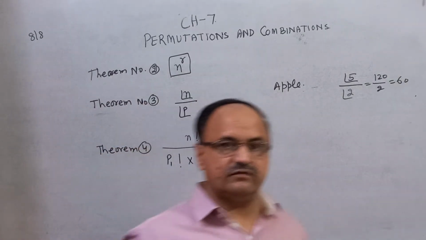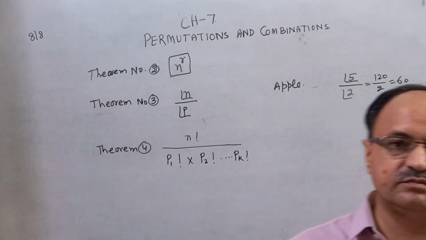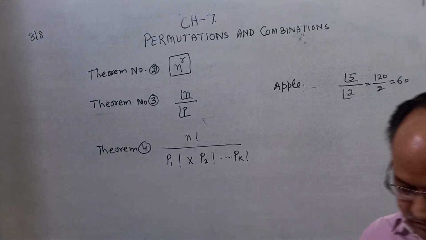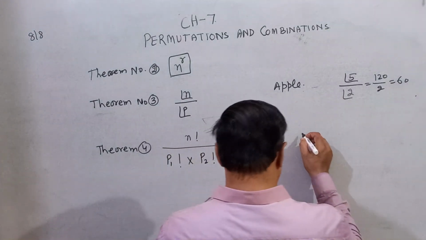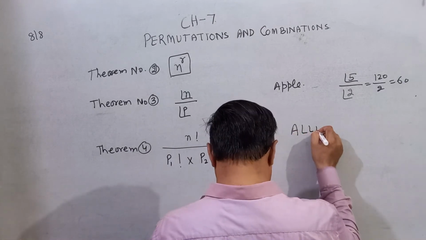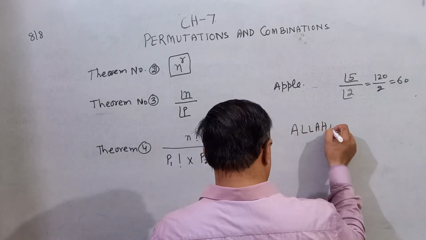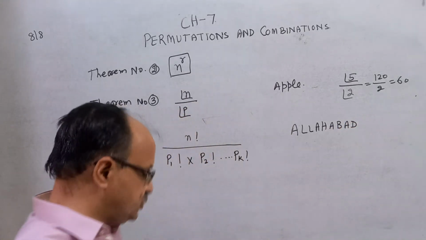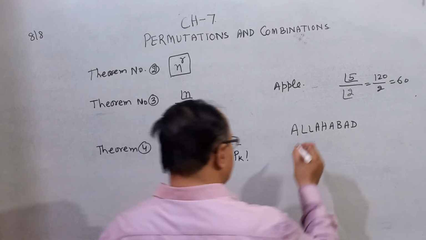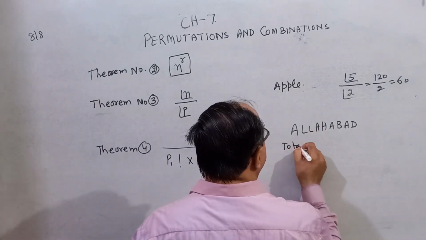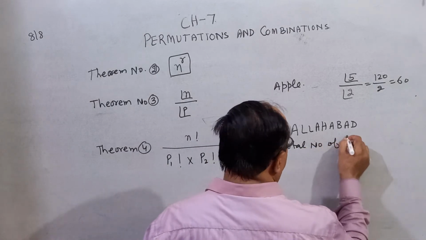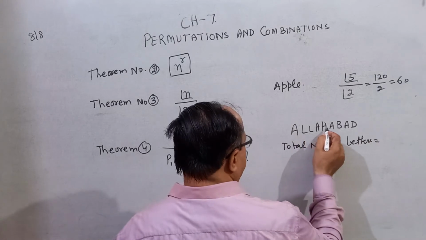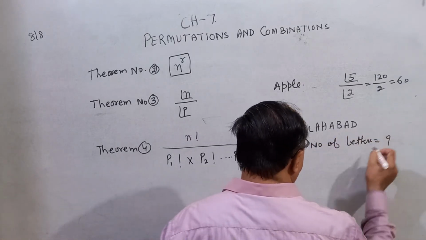You know that in a question many letters may be repeated. For example, Allahabad. The total number of letters in this: 1, 2, 3, 4, 5, 6, 7, 8, 9, total 9.